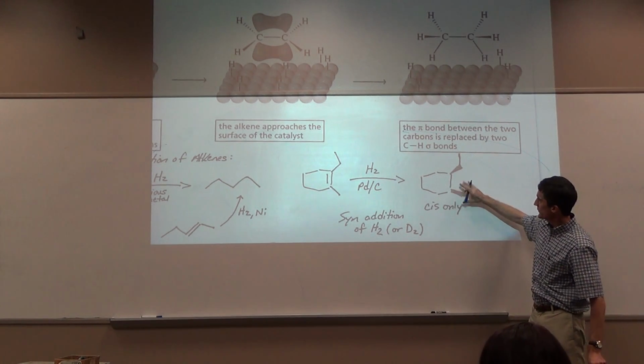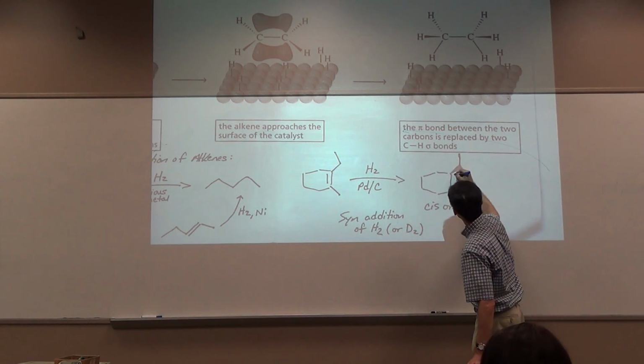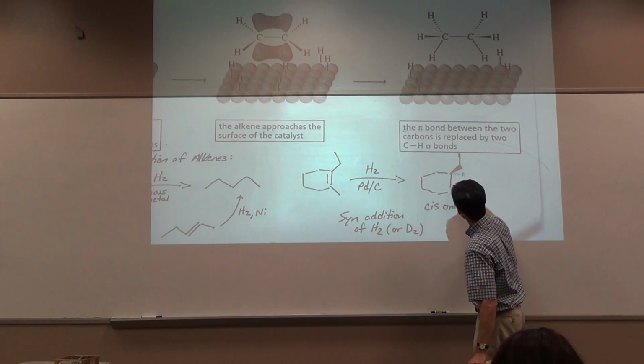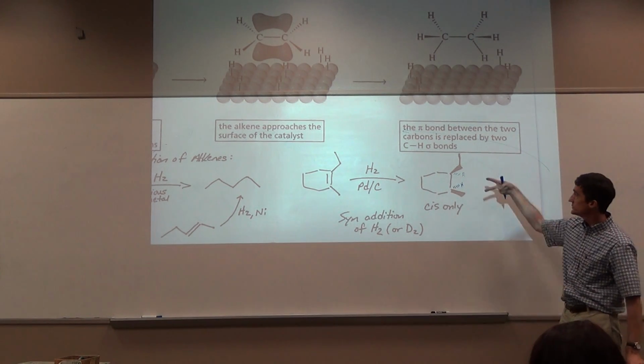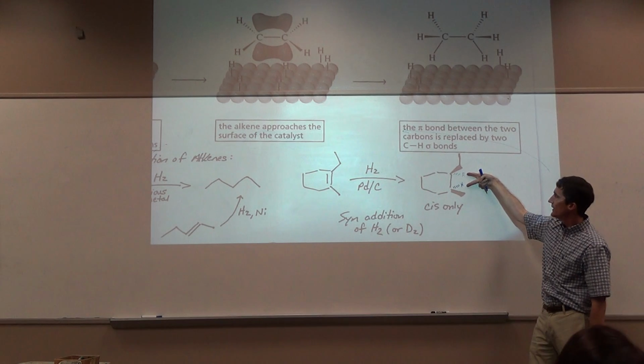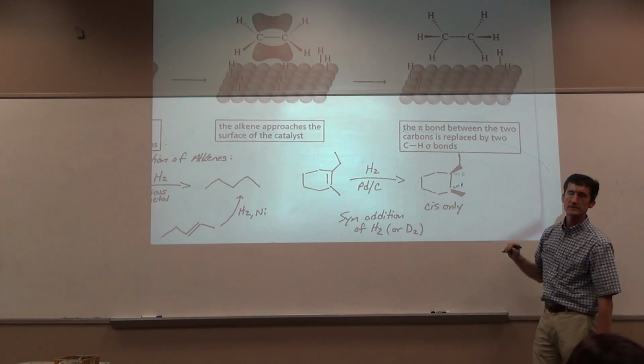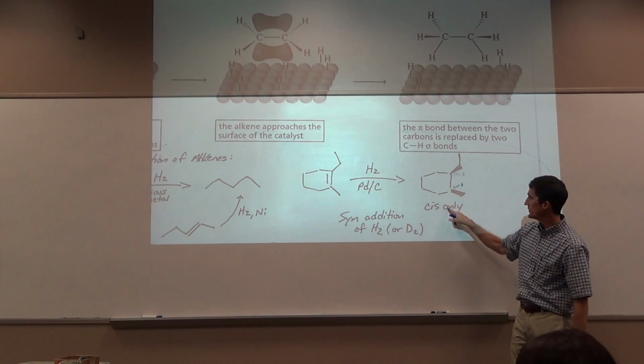The ethyl and the methyl were cis. Why? Because the new H's, which are both back here, are on the same side. And so if the 2 new H's are on the same side, the 2 existing groups are on the same side. You don't get trans.